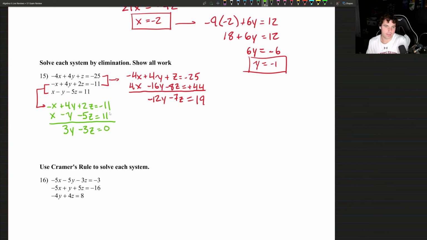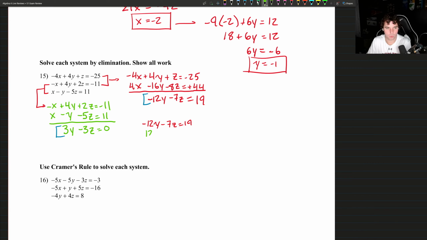So now what we have is a system of 2 equations. Okay, we have this guy in red, and then we have this guy in green. So we just solve those, right? So what I'm going to do is multiply this green one by 4.